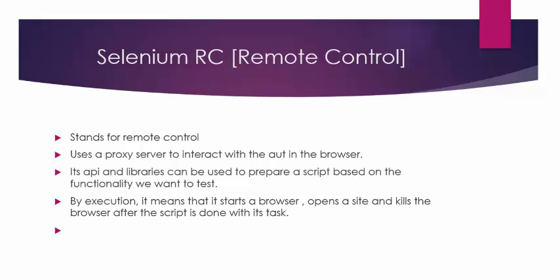It needs a middleman or a mediator in between, which is basically a proxy server. Selenium RC is an API and libraries, and those libraries can be used to prepare a script or to do the coding based on the functionality which we want to test.